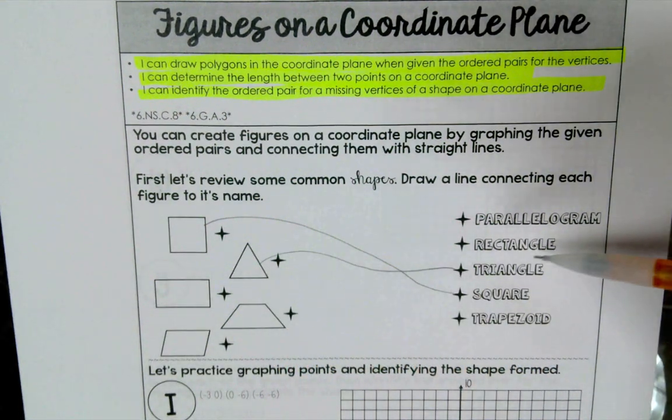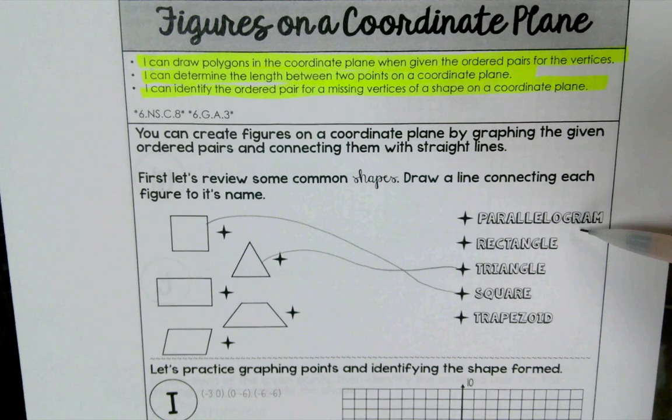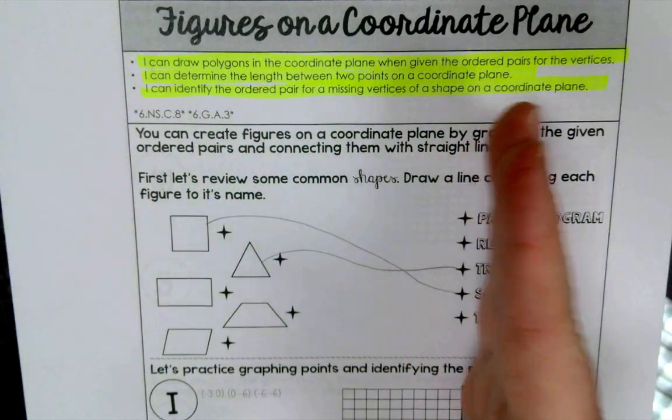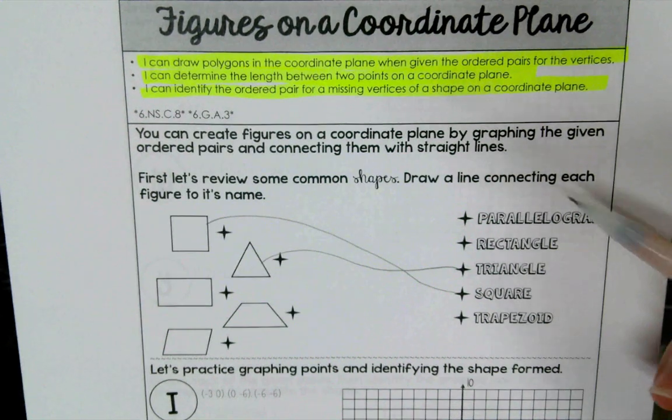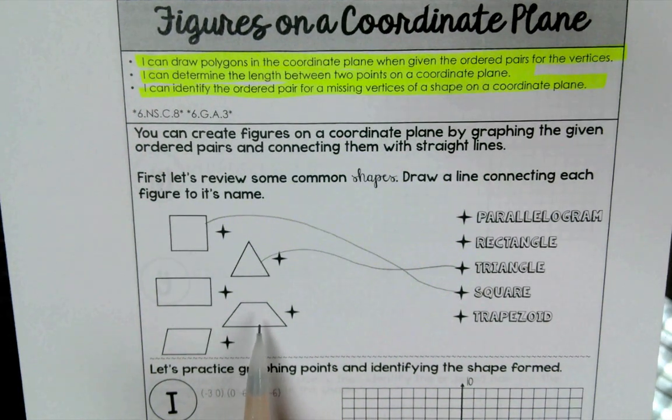Okay, so let's talk about, because parallelogram is a four-sided figure where opposite sides are parallel, okay? Meaning they run in the same direction, but they'll never cross paths, okay? So for example, this is a trapezoid, okay?